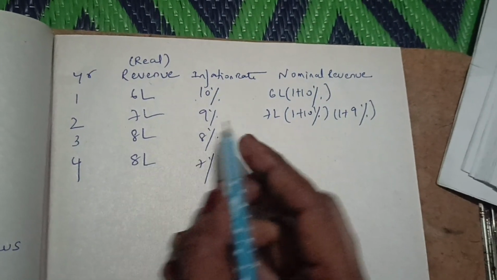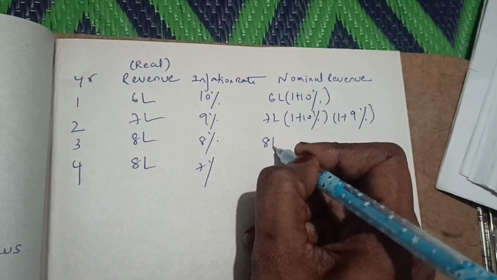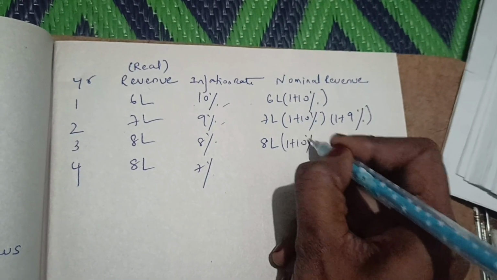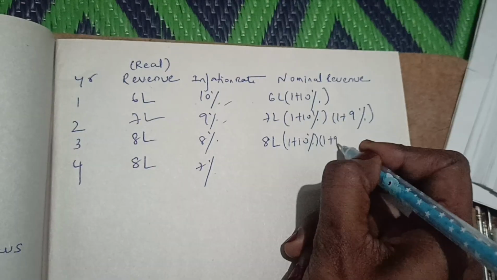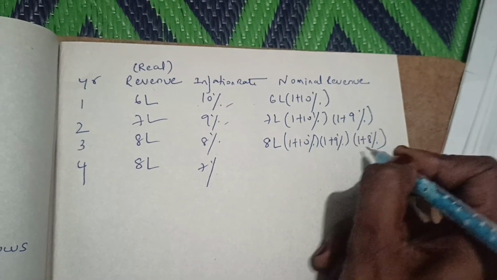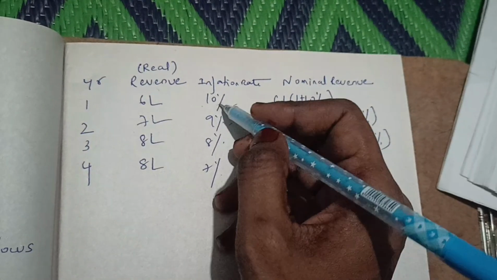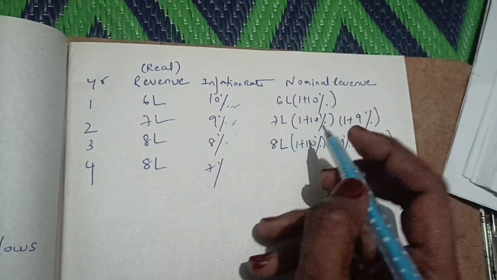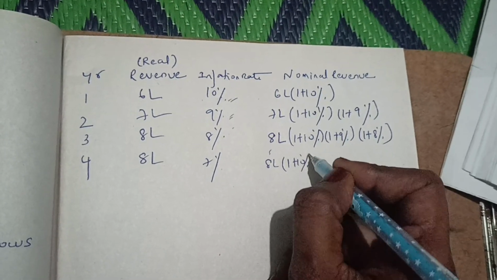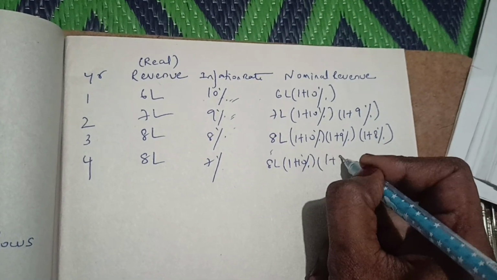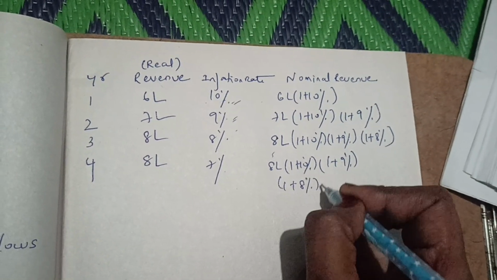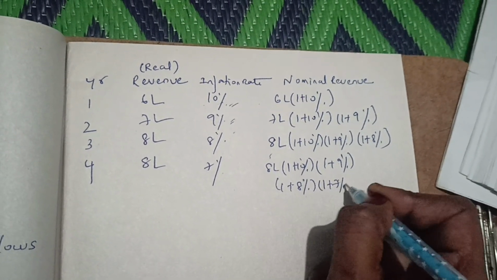In the third year, you have to include inflation of the first 2 years: 1 plus 10%, 1 plus 9%, 1 plus 8%. And in the fourth year, you have to include inflation of the preceding 3 years: 8 lakhs into 1 plus 10%, 1 plus 9%, 1 plus 8%, 1 plus 7%.